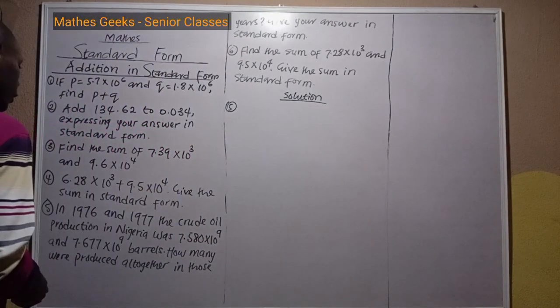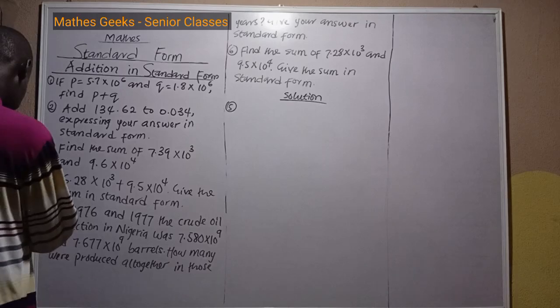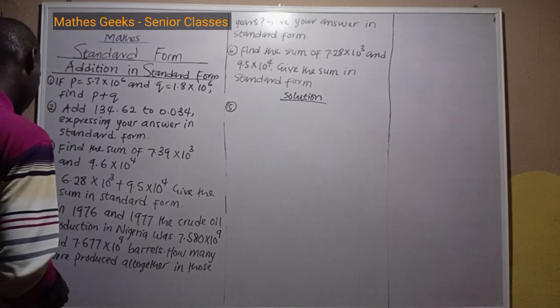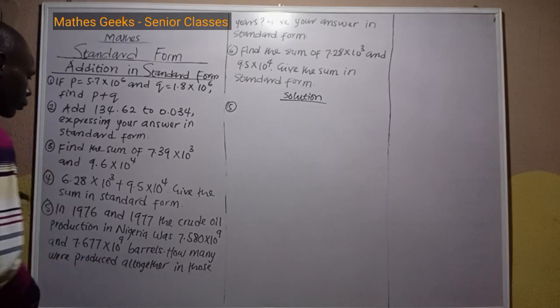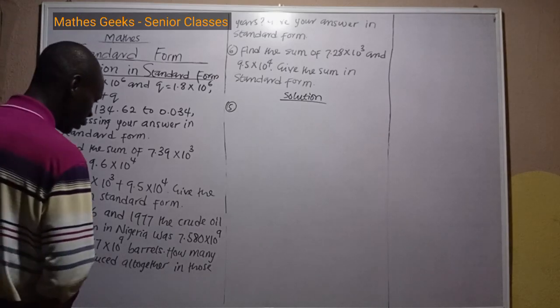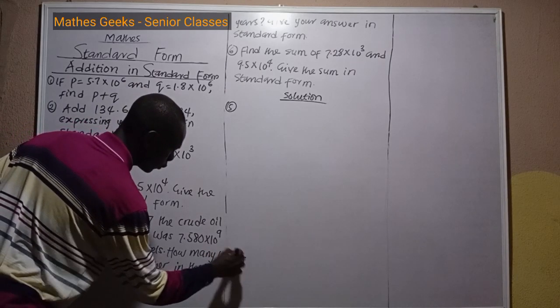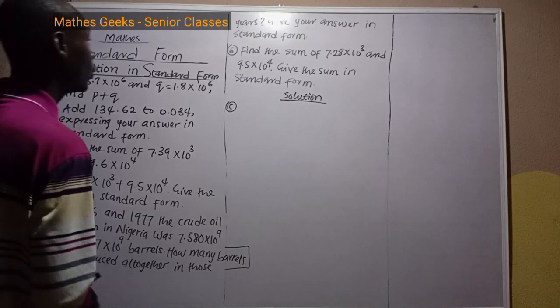In 1976 and 1977, the crude oil production in Nigeria was 7.580 times 10 raised to the power 9 and 7.677 times 10 raised to the power 9 barrels. How many barrels were produced altogether in those years?